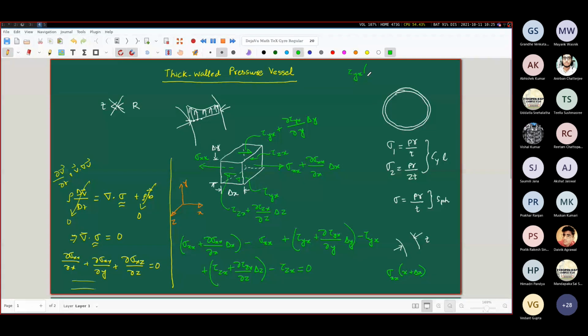Is it not? We are considering it as a function of y. And the element's actual material point is in the body centered point, equidistant from all the faces. Okay, sir. All right.